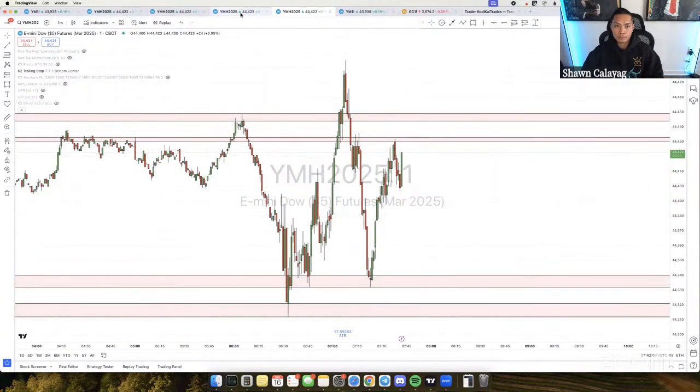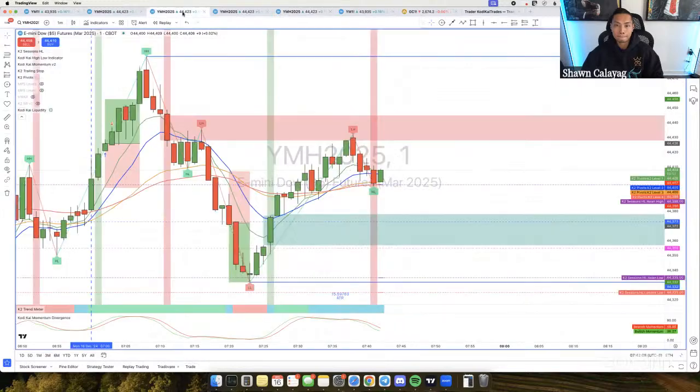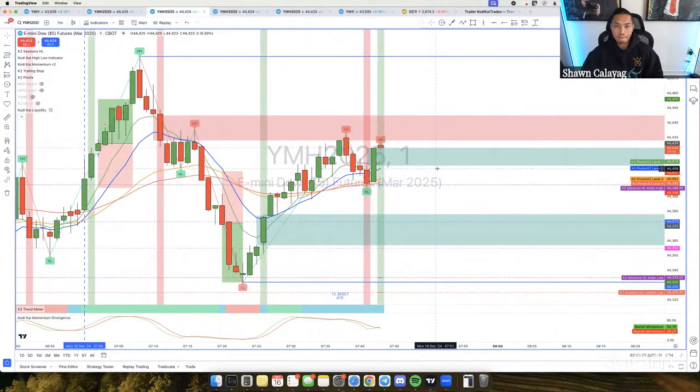So here's our SR chart. Still pretty messy. Yeah, I don't see much else happening over here.